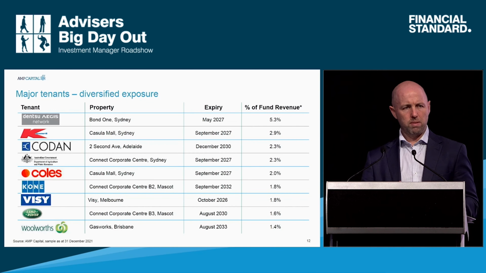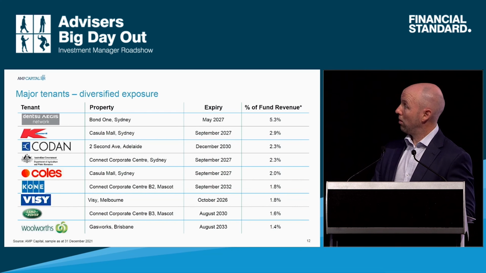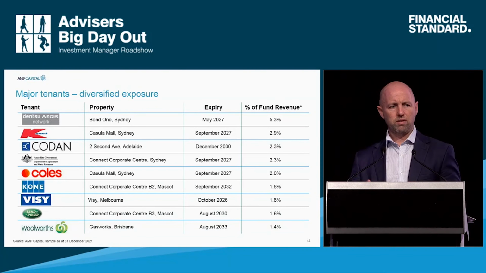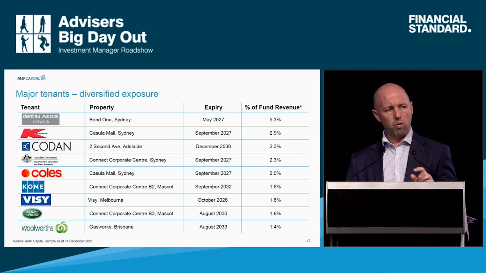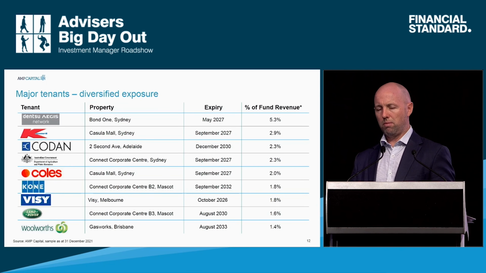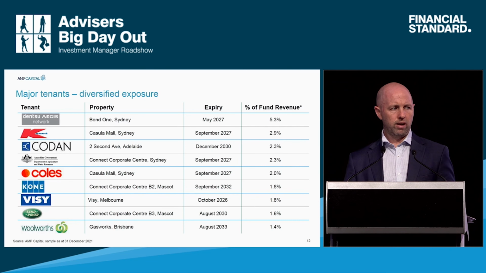Now, the number in the top right is the percent of fund revenue that each of these tenants account for. So you've only got one tenant that's at 5%, all of the others are less than that. So you're really not betting the house if a tenant decides to move out or they go broke. There is not a huge amount of risk with any one tenant.